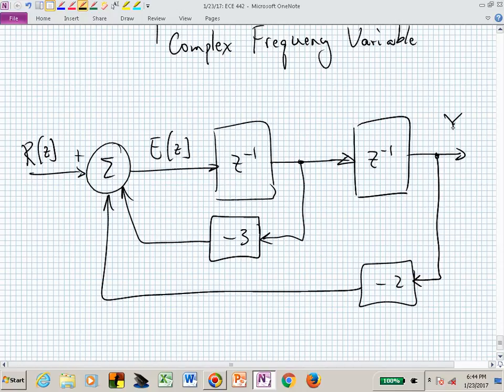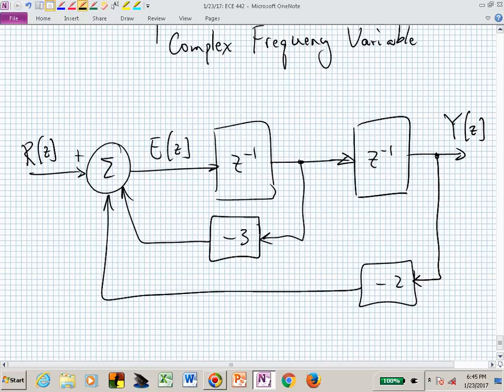And this is now our output in the frequency domain, Y of z. What we want to be able to do is find the transfer function. Now that we're in the frequency domain, we're no longer dealing with difference equations. Now we want transfer functions. We want ratios of Y of z over R of z.